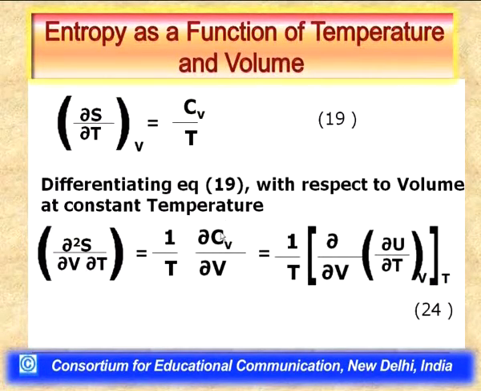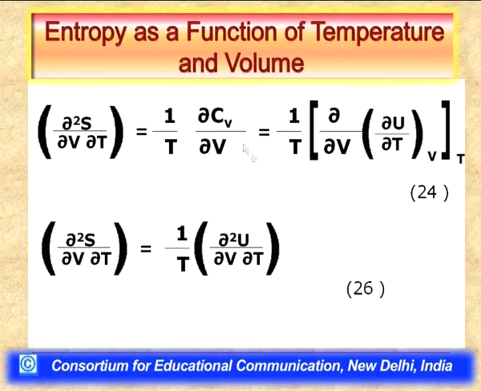But the question is, what is Cv? I just showed you that Cv can be expressed in terms of the rate of change of internal energy with temperature. So, Cv equals delta U delta T at constant V. We can just substitute in this expression. What we get is 1 by T del by del V of delta U by delta T at constant V, at constant T. It means first you differentiate internal energy with respect to temperature at constant volume, then you differentiate whatever you get with respect to volume at constant temperature.